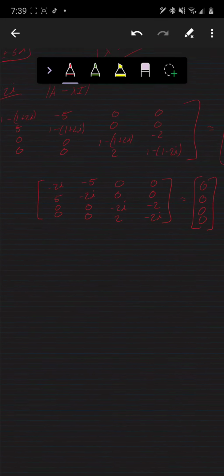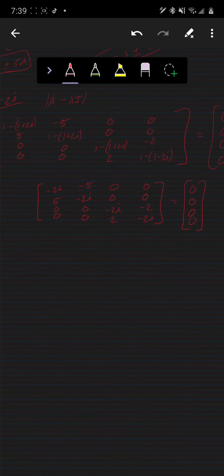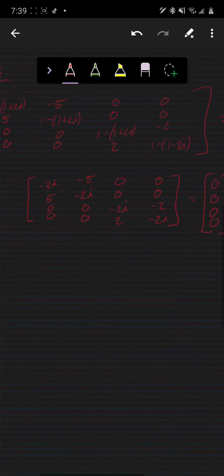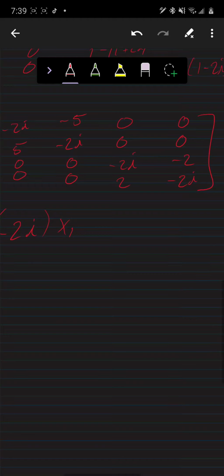Okay. Now from there, we're going to find the equations. We're going to try to find x1, x2, x3, and x4. So for the first equation, this one is going to be -2i x1 minus 5 x2 equals 0.